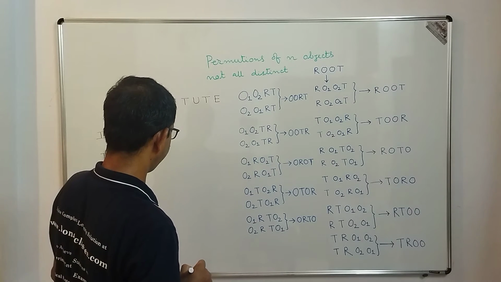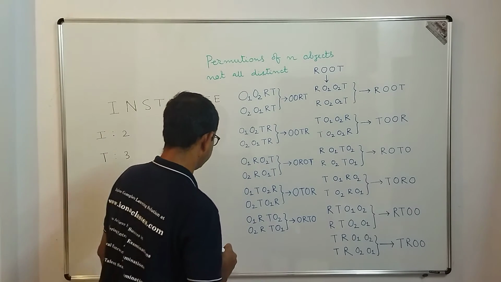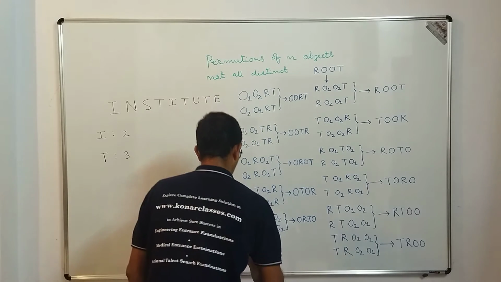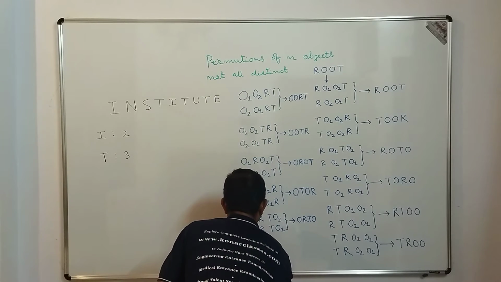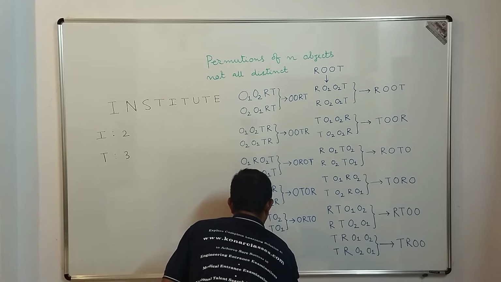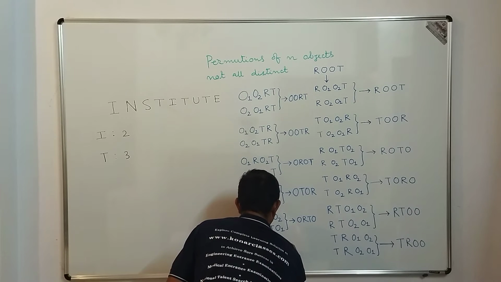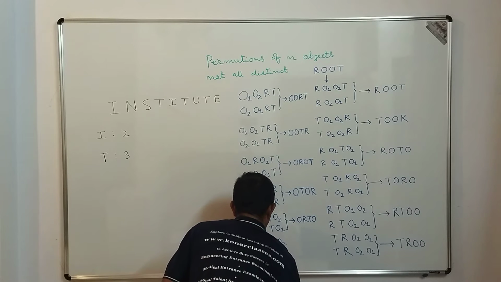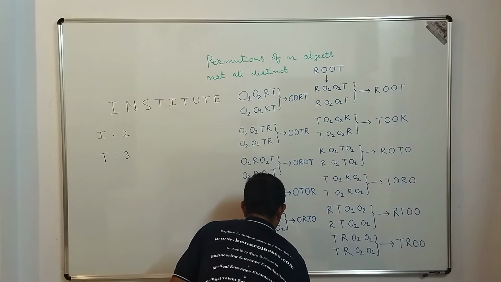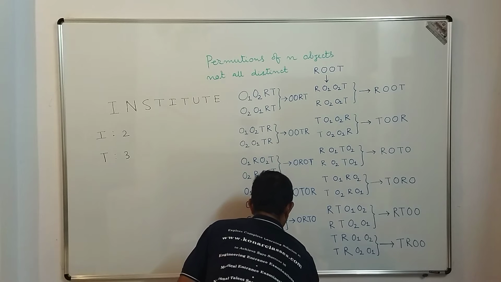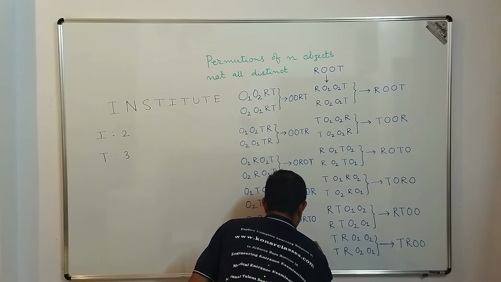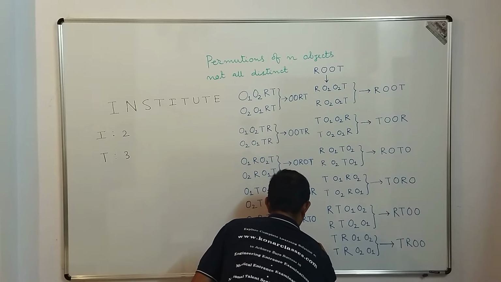And another one that is possible is O1 T R O2 and O2 T R O1, and these two can be clubbed and we get OTRO.